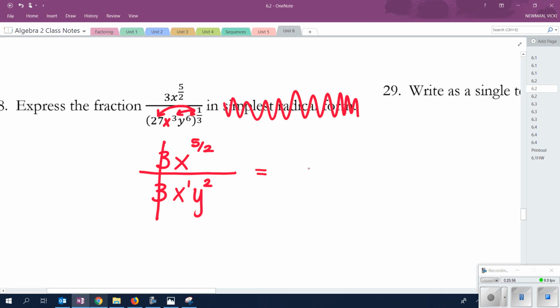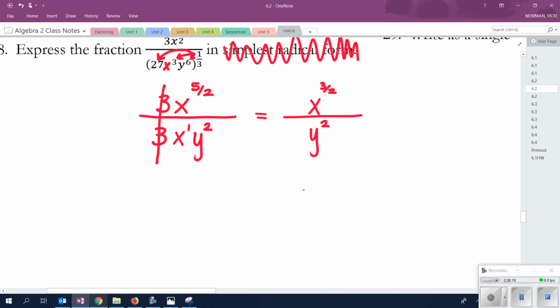So what is 5/2 minus 1? 3/2. And it's positive, so it stays on the top. And the y squared can stay on the bottom. You could rewrite the top as the square root of x cubed over y squared, but we're not going to.